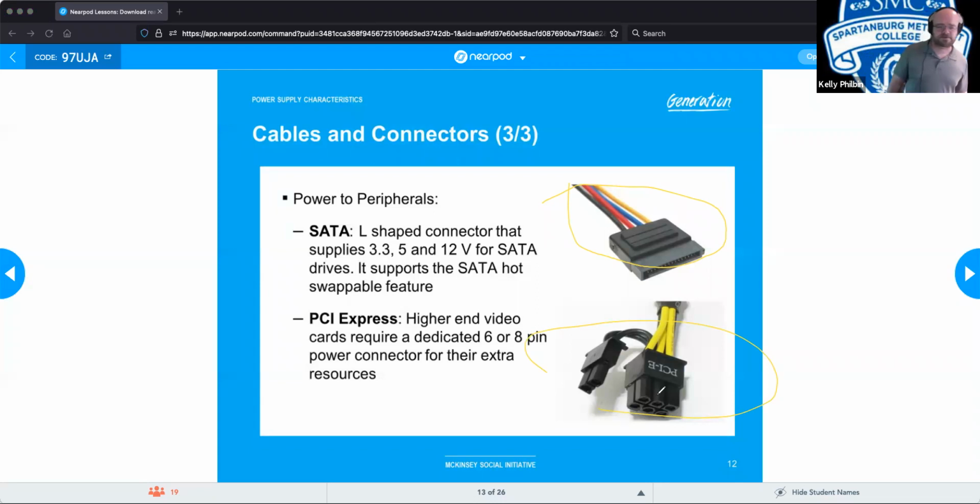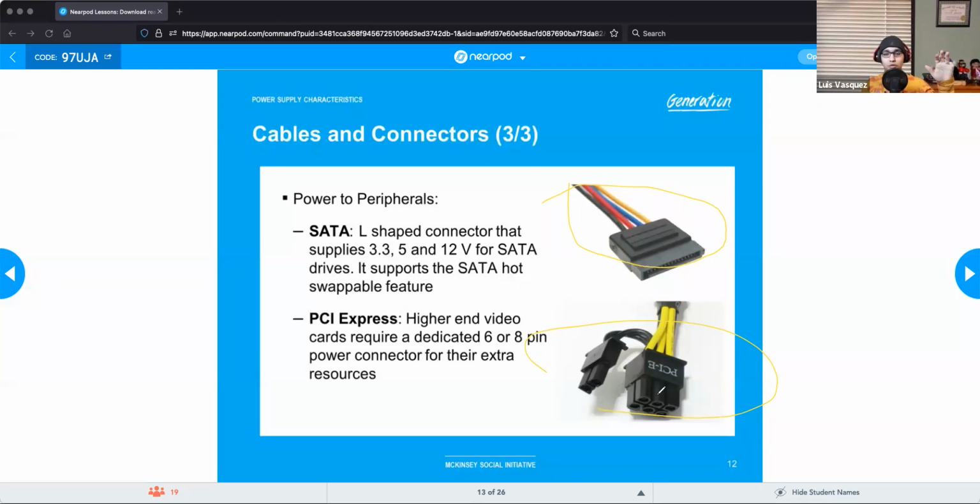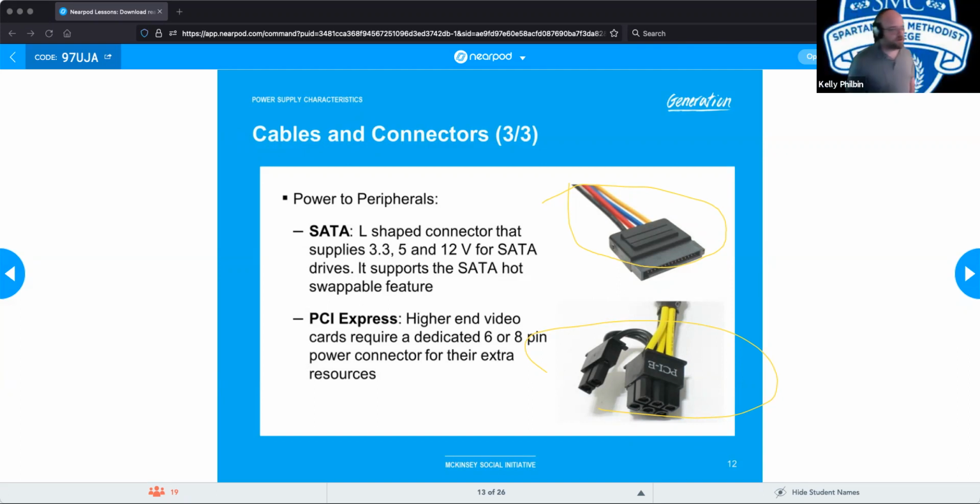Luis? Yeah, when we connect it to the motherboard, has it like initials or writings where to put these cables exactly at? Like, let's say you forget and you're trying to look for the actual right connector port for these cables. Yes. So on the motherboard, yeah, they do have the writing where you can use that kind of as your map.